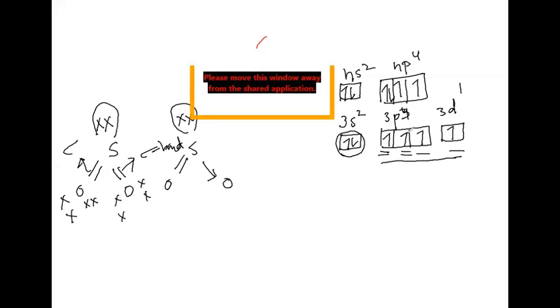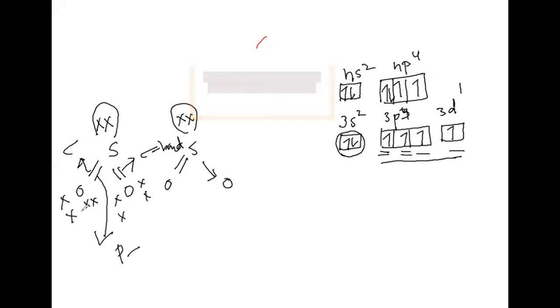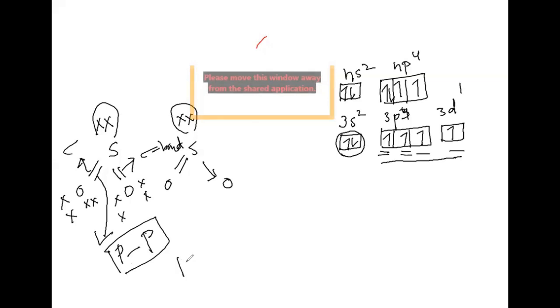Is it clear? Now in this case, these 2 electrons will be there. Then what is going to happen? This particular one, either you take this side or this side, that is left to you. The p electron of sulfur combines with the p electron of oxygen, thereby it forms a p pi p pi bond.